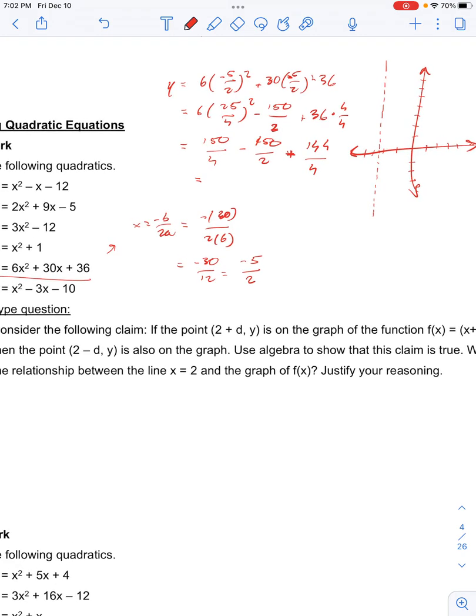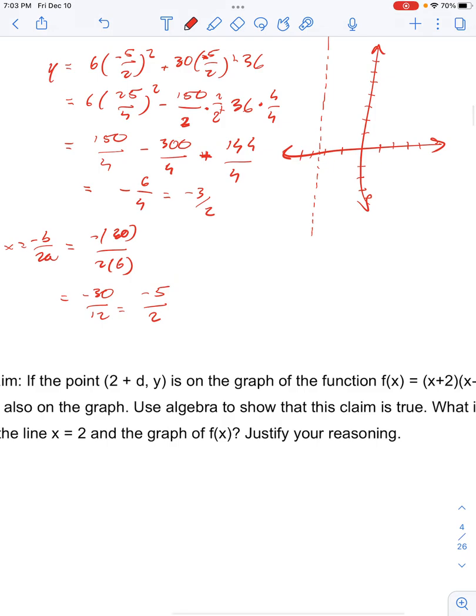And so we'll get, also multiplying this by 2 over 2, this will become negative 300 over 4. And so we have negative 150 plus 144 over 4. So that's negative 6 over 4, which is negative 3 over 2. So our vertex occurs at negative 5 over 2 and negative 3 over 2, which is right here.